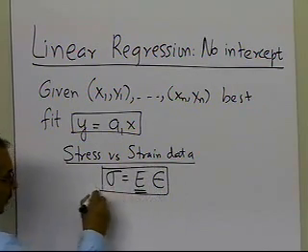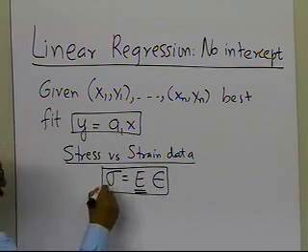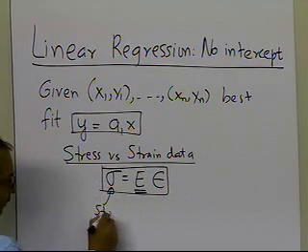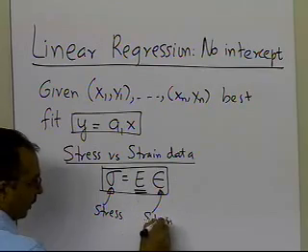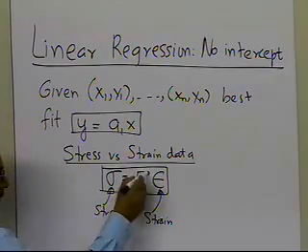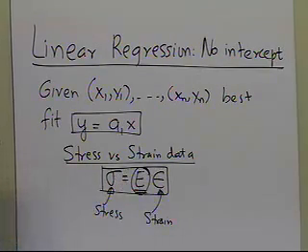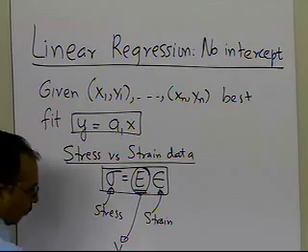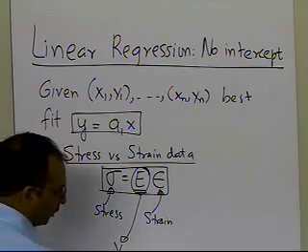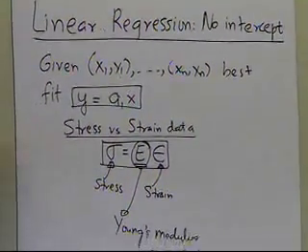This is a special case for a straight line where the intercept is 0. This is stress and this is strain. And once you have the stress versus strain, whatever regression you're going to draw, the slope of that line will be simply the Young's modulus. So this is a pragmatic application of why you would want to use a straight line regression model without the intercept.